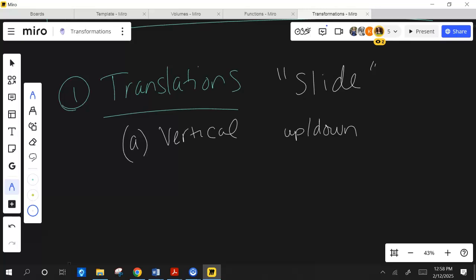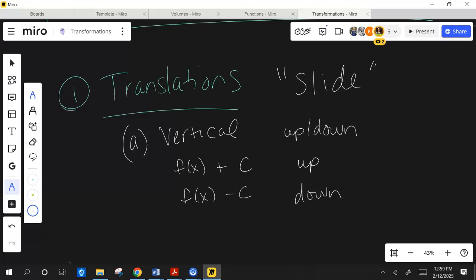Now, what does that look like? If you look at your blue sheet, the first one says function notation, right? And it says f of x plus c or f of x minus c. And you might look at that and go, what in the world does that mean? Well, I'm glad you asked, because I'm going to tell you. If you take a number, c is just a number, okay?